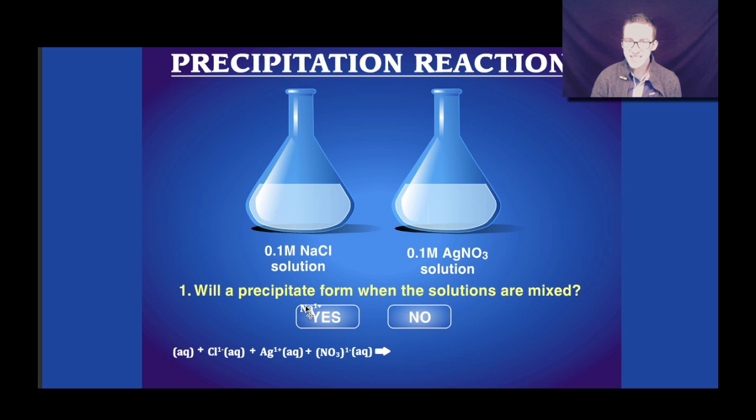To think about mixing these two solutions together, I'm going to think about what might happen when I combine all of these ions in one giant solution. My sodium ion might be attracted to my nitrate ion, and my silver ion might be attracted to my chloride ion. Your second step is just to think about how those ions might pair up with one another when they're mixed together in one giant solution.